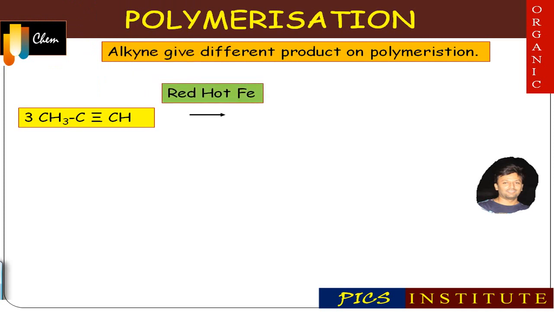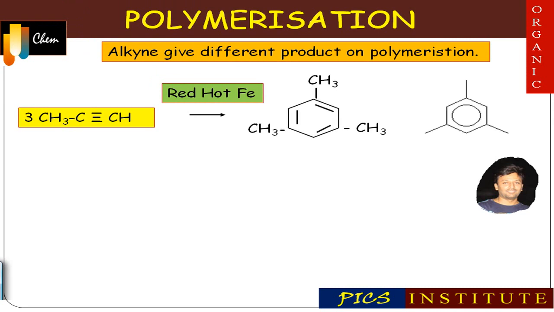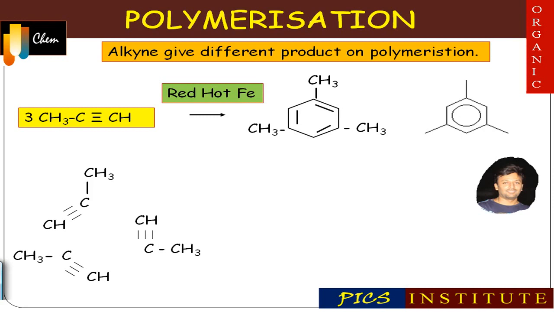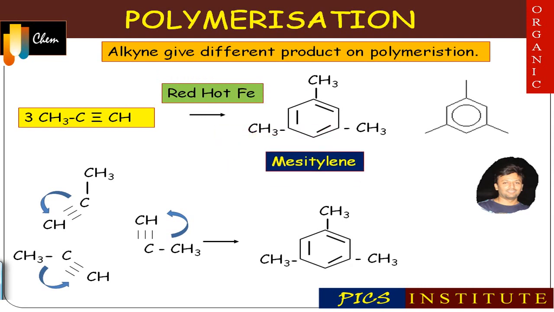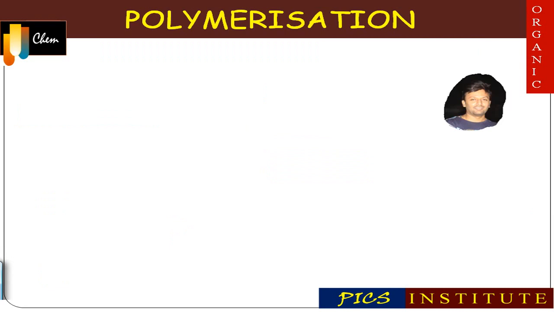The second condition is red hot iron on propyne. The reaction takes place to give mesitylene. The splittings are now 3 molecules of propyne, heterolytic bond fission, and this gives mesitylene.